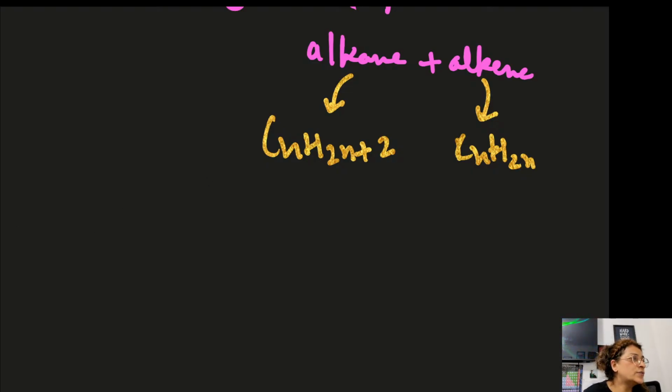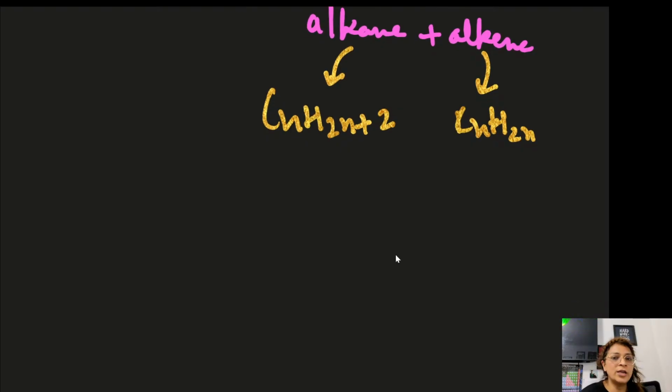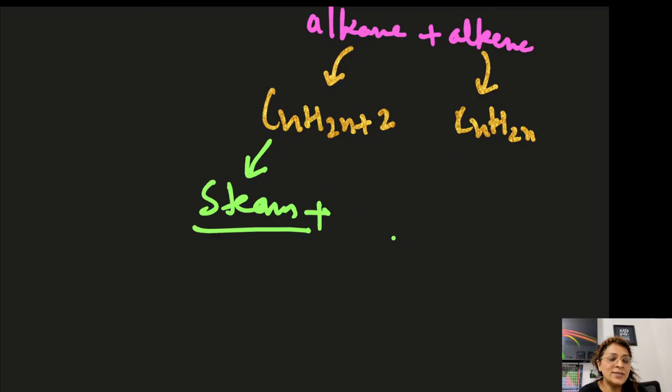And the conditions for cracking. Two types of cracking. Please remind me what they are. Quickly, quickly, quickly. Come on. What two types of cracking are? Those who are responding, well done, guys. You know it. What are the two types of cracking we have? Steam. Very good. Steam plus high temperature conditions.